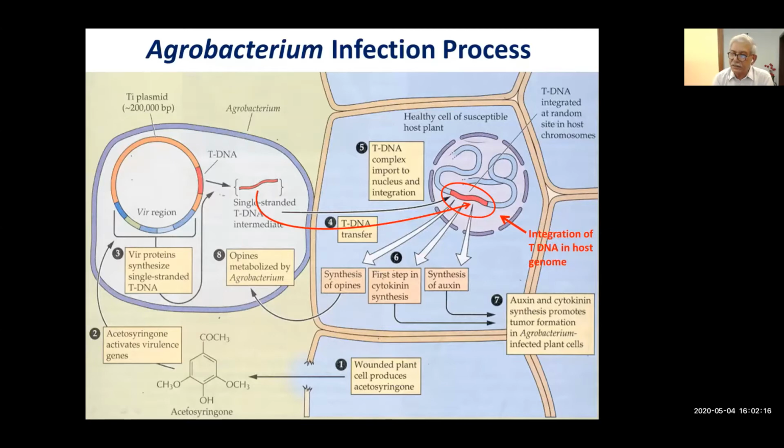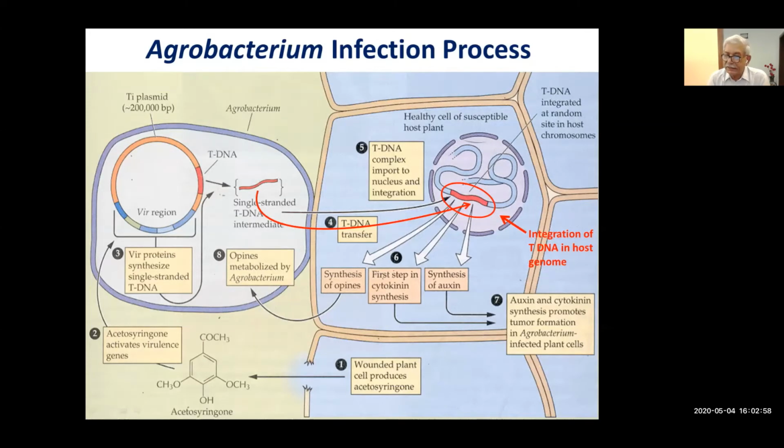Upon this activation by acetosyringone, this VirA protein gets phosphorylated, which in turn phosphorylates another protein which is constitutively expressed and is also available in the cytoplasm of Agrobacterium, that is VirG protein. The phosphorylation of VirG protein triggers the expression of the rest of the Vir genes, all the other Vir genes which are involved in T-DNA synthesis, in movement of the T-DNA from the bacterial cell to the plant nucleus.